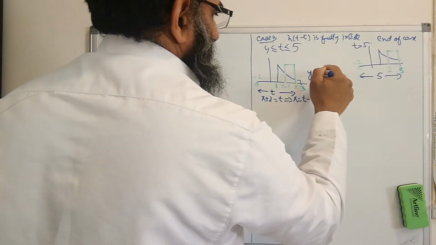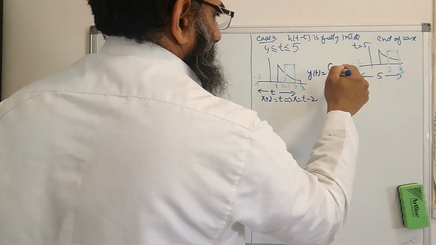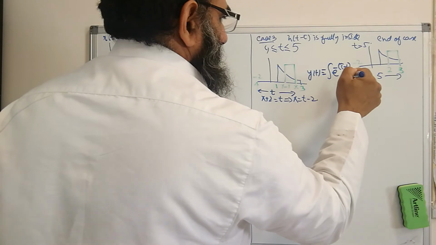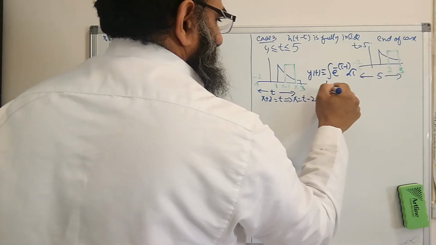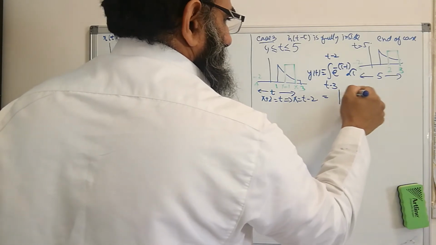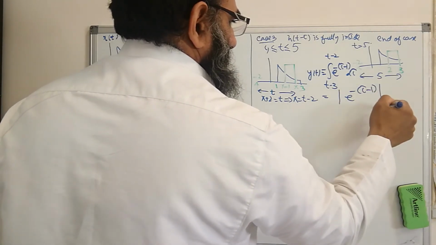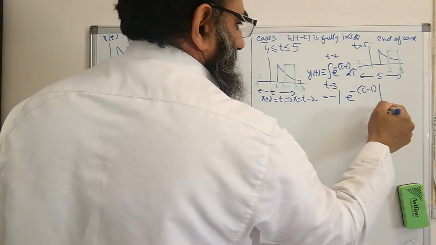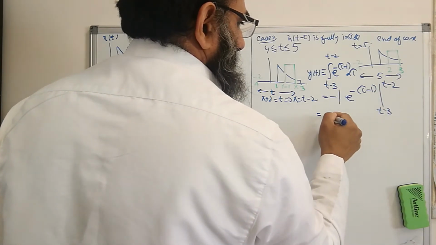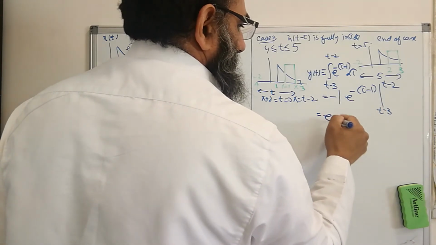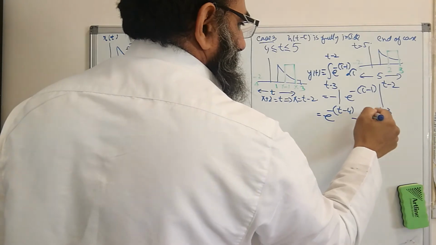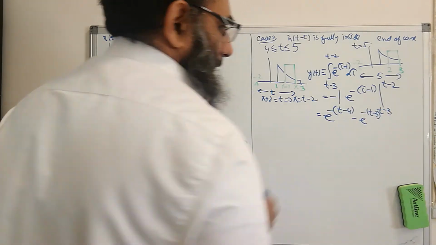So y of t will be just the integral of e raised to minus tau minus 1 d tau from t minus 3 to t minus 2, and I can just put the negative sign limit t minus 3 to t minus 2, and it will be, I will put this first, e raised to minus t minus 4 minus e raised to minus t minus 3.